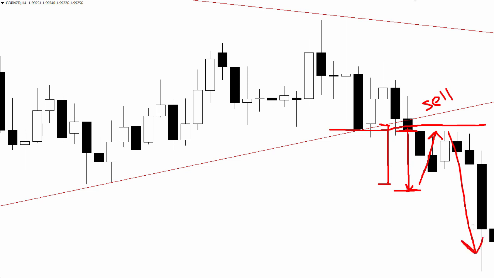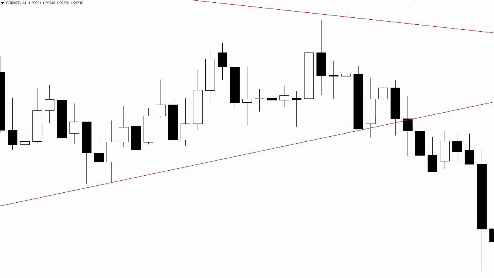All right, so again, to recap this, we have a break of support. So we would sell here, and we would look for a move lower in the market.